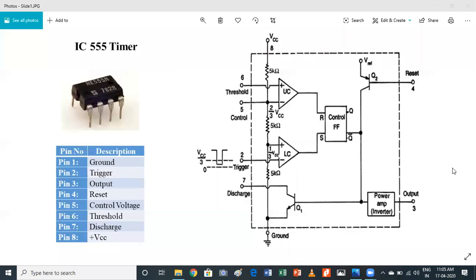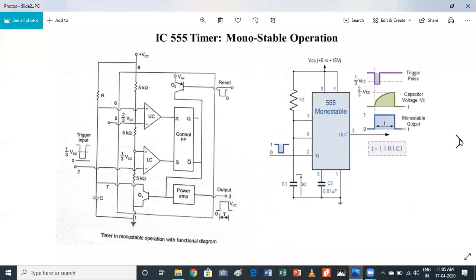Okay, generally the timer can perform two modes of operation. One is astable mode and the other one is monostable mode. So first we will discuss monostable mode operation. So what is monostable mode operation?